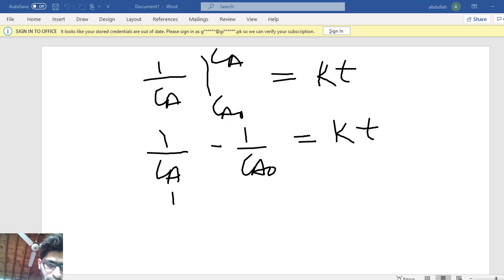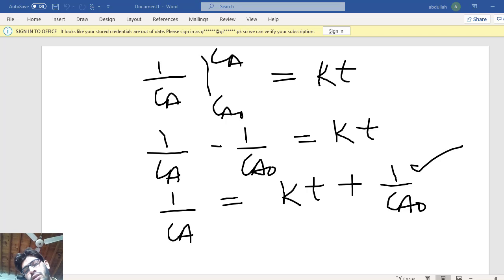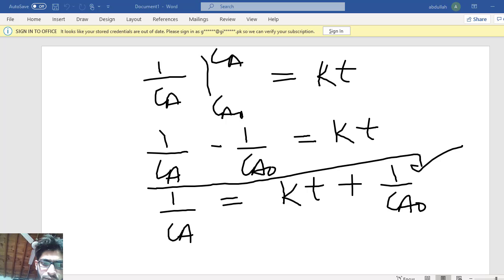So 1 over C_A is equal to kt plus 1 over C_A naught. This is the linear form of the second order reaction, and this is the integrated rate law for the second order reaction.